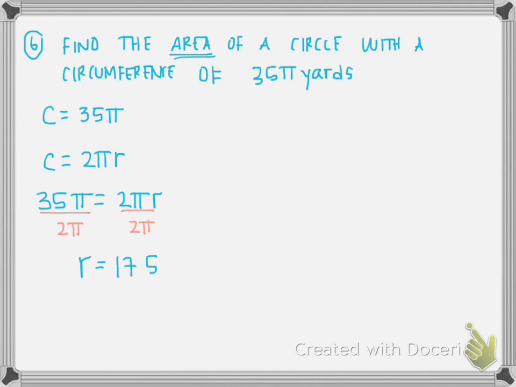It asks for the area, so the area of a circle is pi r squared. So we'll take our radius and square it, and multiply that times pi.